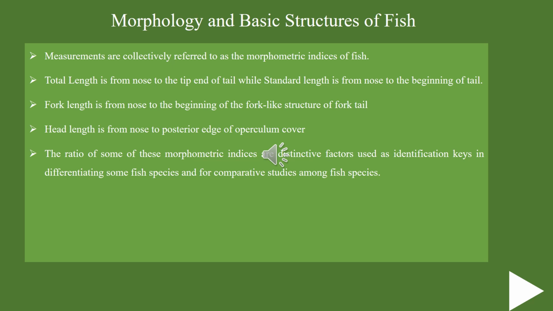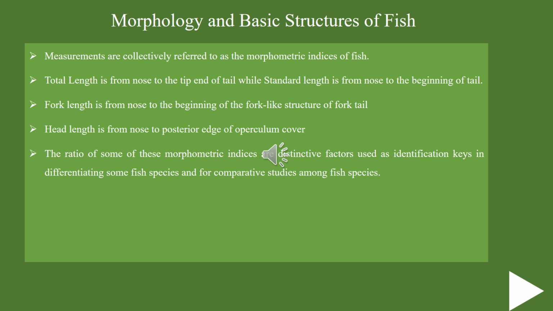The total length is taken from the nose to the tip end of tail, whereas standard length is taken from the nose to the beginning of the tail. Fork length is from the nose to the beginning of the fork structure of fork tail.